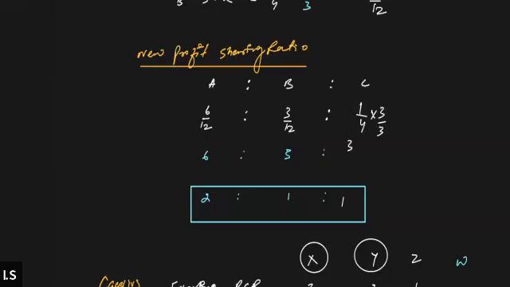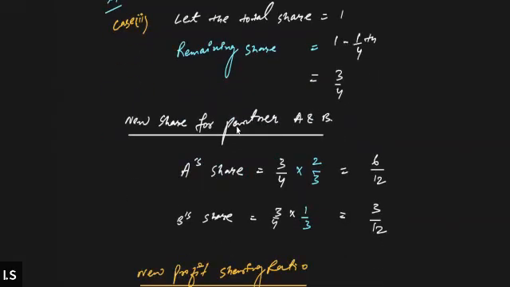See, the solution I've got is this. I have started the question by assuming the total share is equal to 1, and out of this I have subtracted C's share, right? After subtracting C's share, the remaining share will be 3/4, which will be divided between A and B in the new ratio given in the question, 2:1.